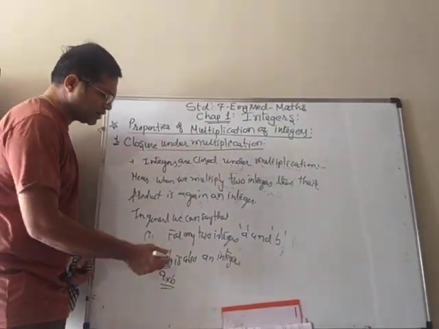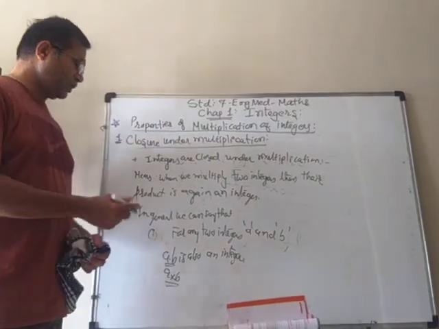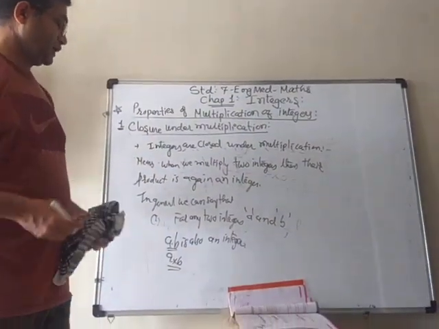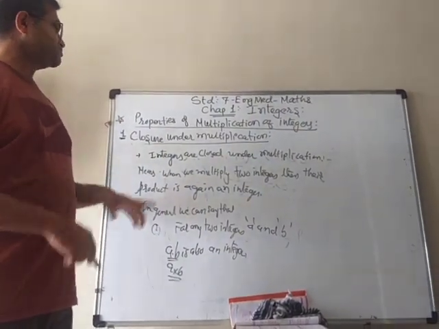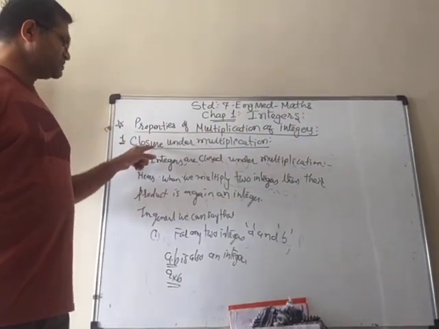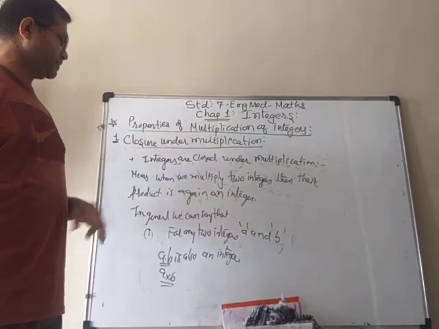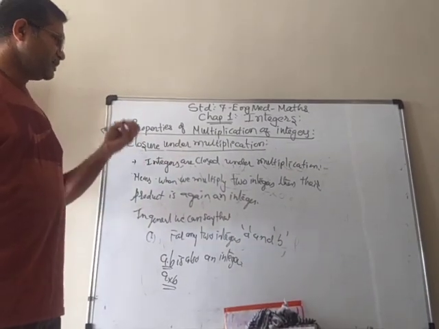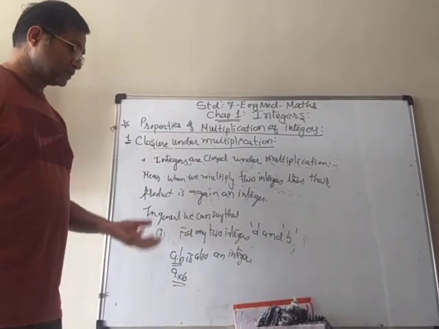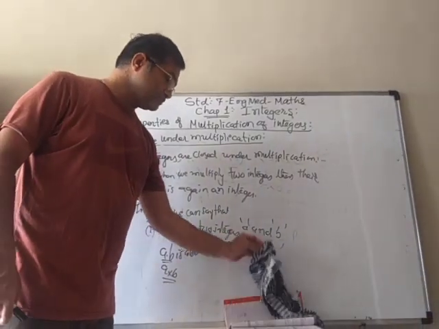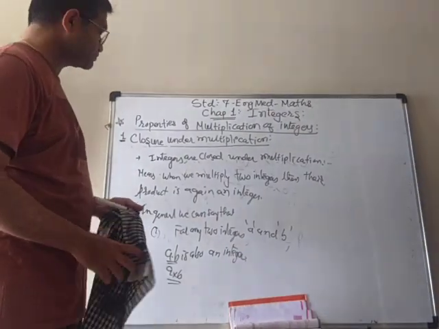Sometimes you put a dot also, A into B or A cross B. So here the first property says that integers are closed under multiplication, because when we multiply two integers, the product is also an integer.